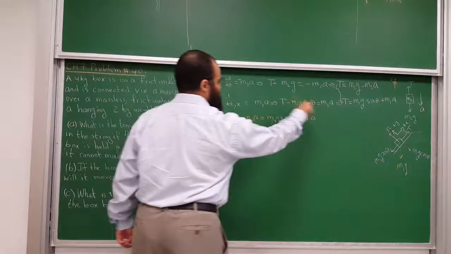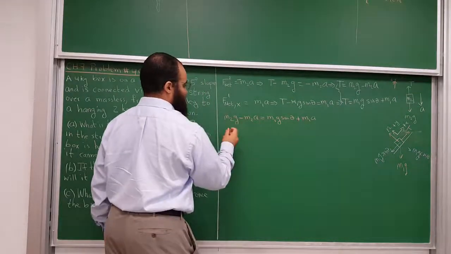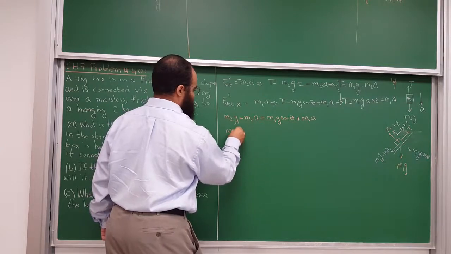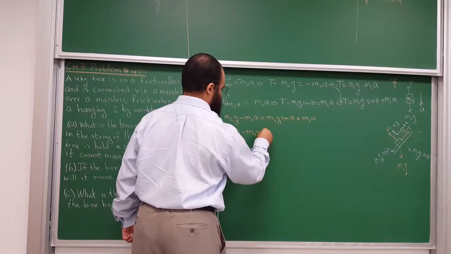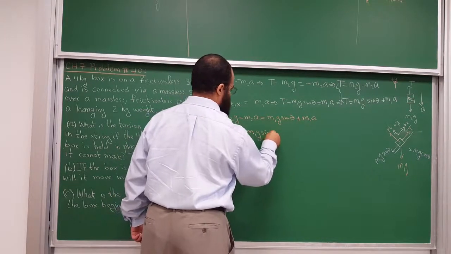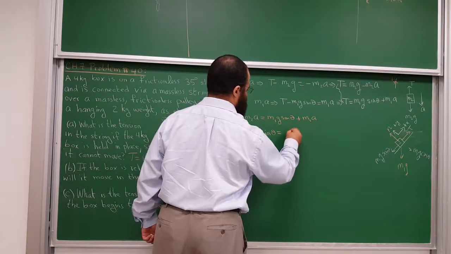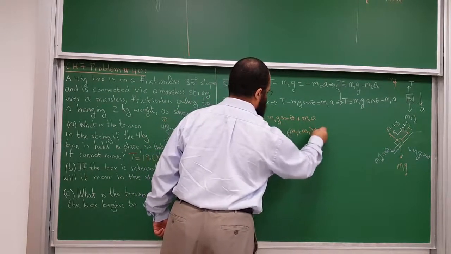So I'm going to move this to the other side to collect the acceleration, and then move this one to this side. So I would have m2 g minus m1 g sine theta equal to, move this one to the other side and factor a, so you get m1 plus m2 times the acceleration.